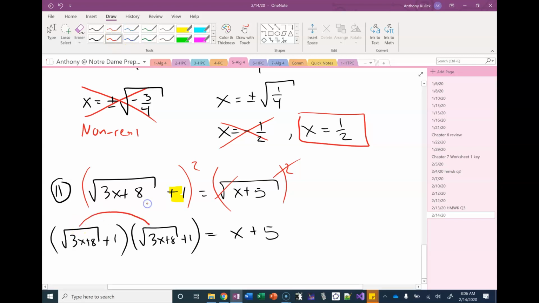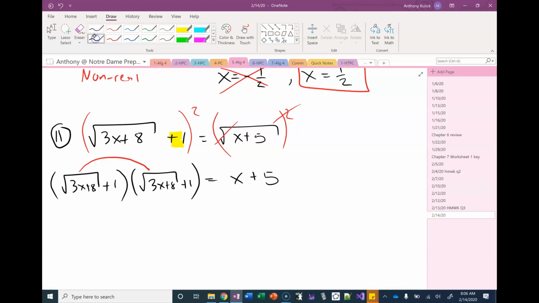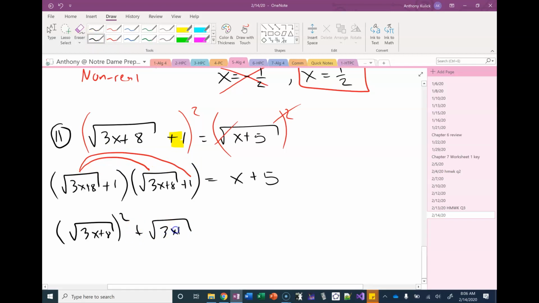So when I multiply the firsts together, I get square root x plus 8 times the square root of x plus 8, or the square root of x plus 8 squared. When I do the outers, I get 1 times the square root of x plus 8, or just square root of x plus 8. When I do the inners, I get the same thing. And when I do the lasts, I get 1.